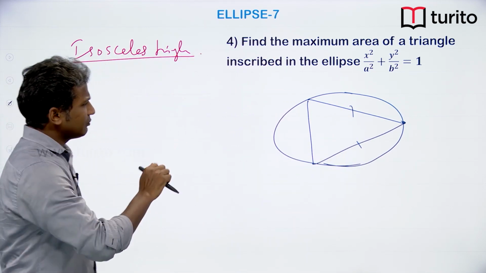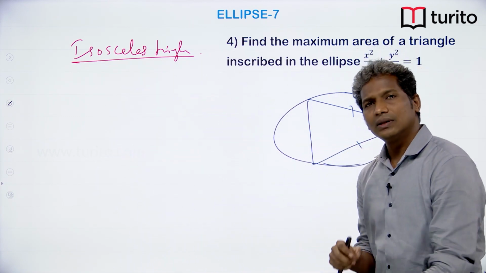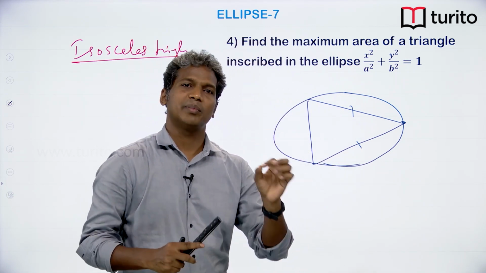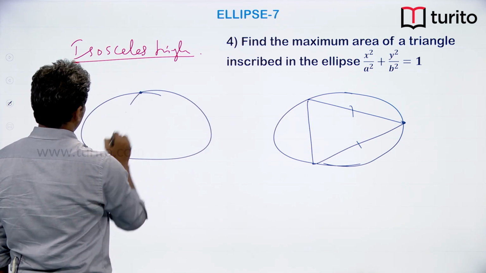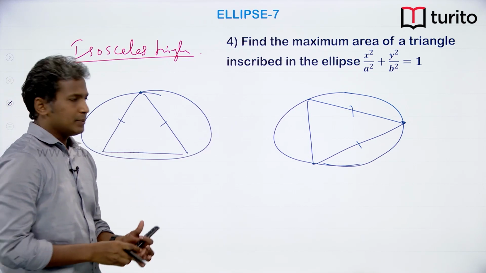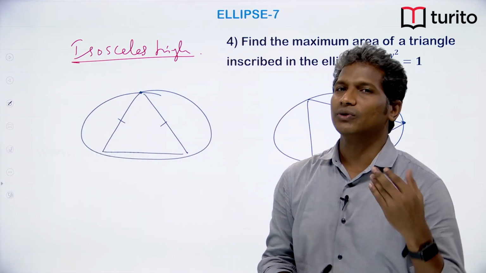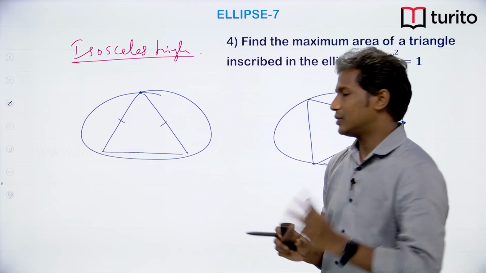One point is on one end of the major axis. The other could be by taking the point as one end of the minor axis. So, we can take an isosceles triangle like this. In both cases we can find the area, and we can prove that in both cases the maximum area is going to be the same. So, how do we do that?